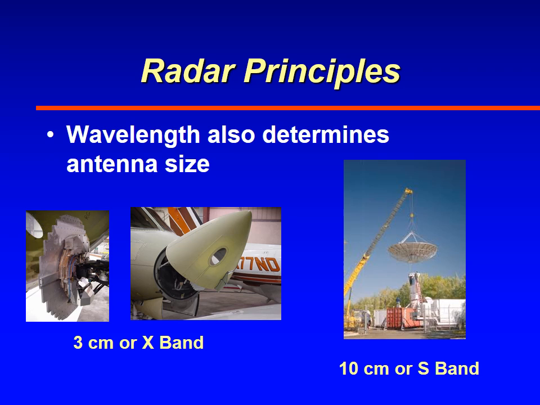And the bigger the wavelength typically requires a much larger antenna. So you can see on the left in this picture, the airborne weather radars are usually 3 centimeter because they require a smaller antenna. Whereas ground-based weather radars, since they're a longer wavelength, require a much, much larger antenna.